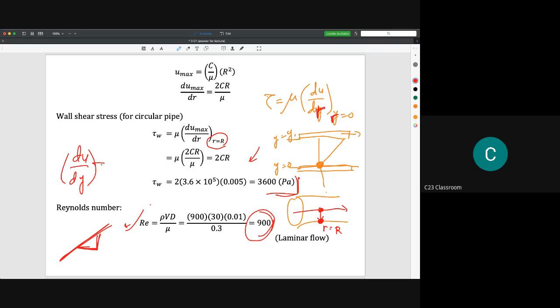But sometimes you could interpret this as the changes, meaning delta u over delta y. That's why it comes out as u2 minus u1, over y2 minus y1, because we interpret it as the difference in the y-axis and the difference in terms of velocity.